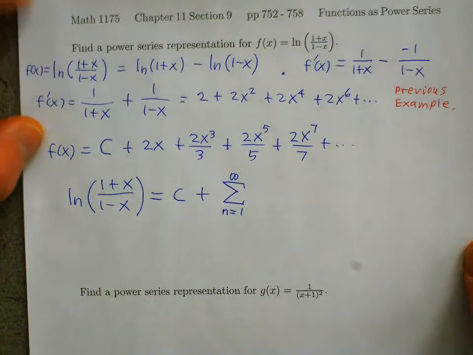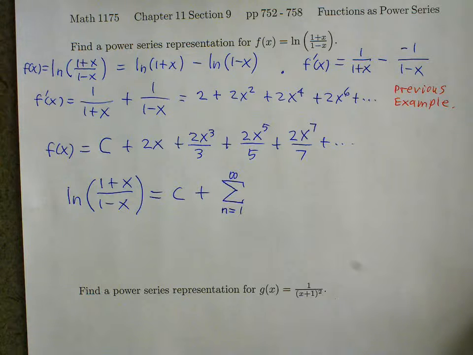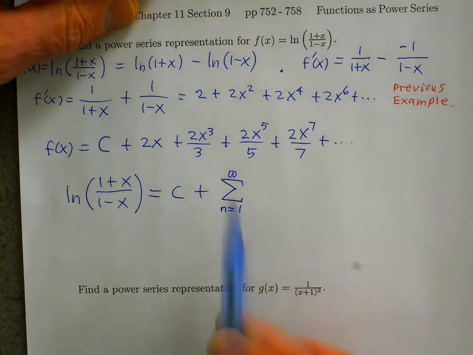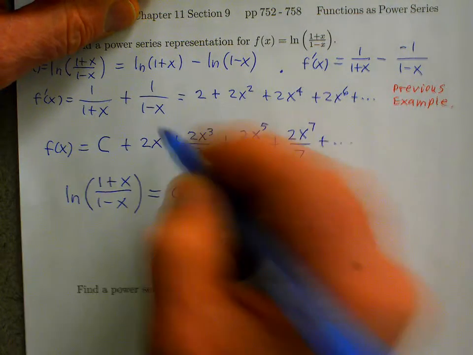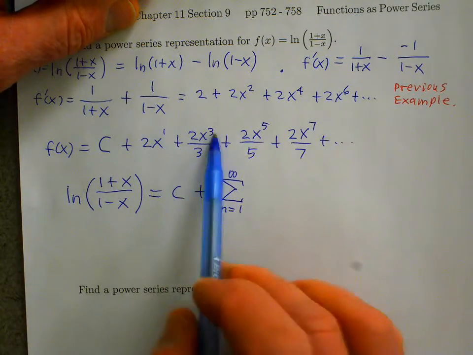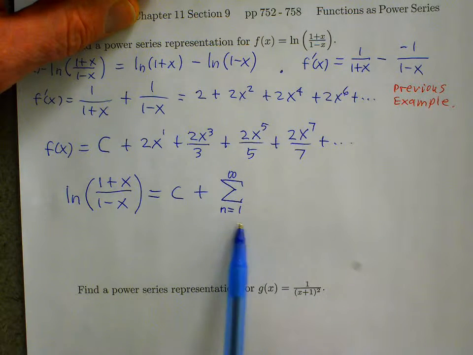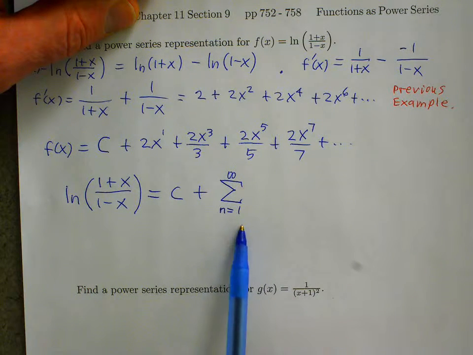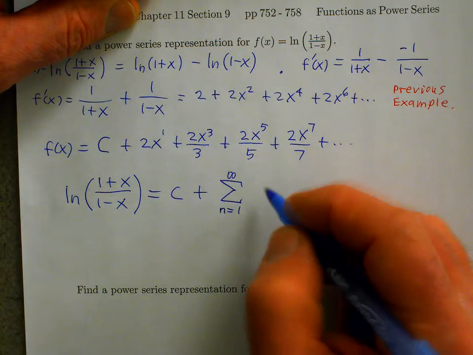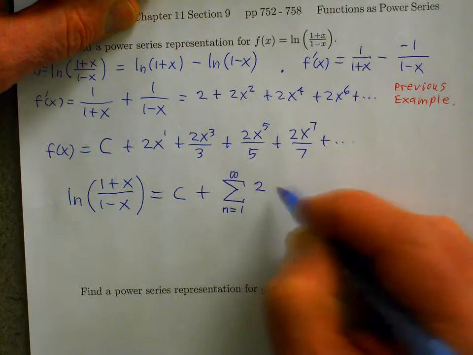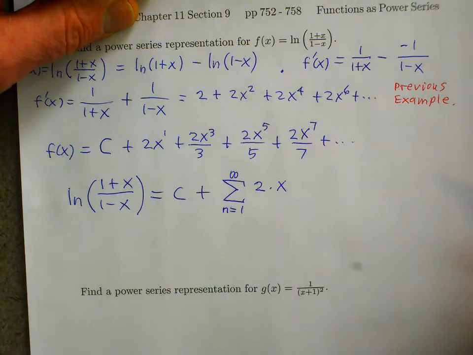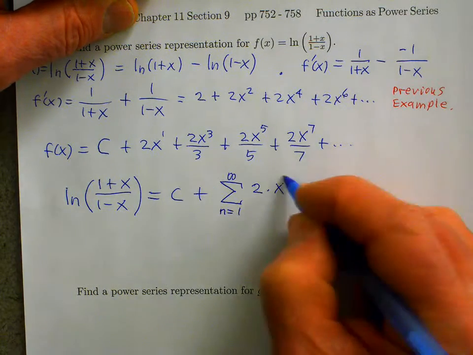Right, I might change my mind, but let's see how it goes. 2x to the n divided by n. Well, the exponents differ by 2. So let's see. Two times x to the 2n minus 1. I think that works.